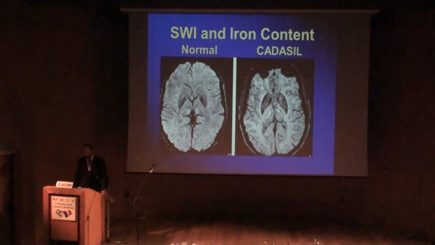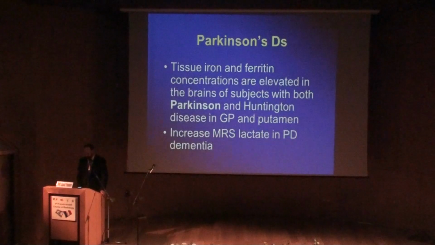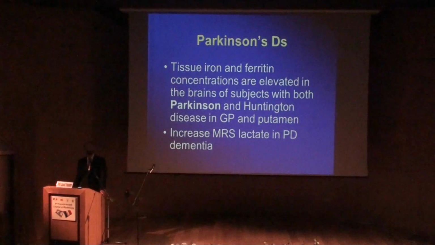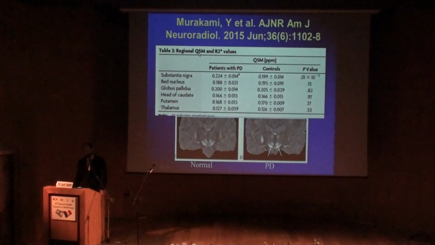CADASIL, also looking at the basal ganglia in CADASIL, showing increased iron in those patients with cerebral autosomal dominant arteriopathy with subcortical infarcts and leukoencephalopathy. Parkinson's disease. Let's look at the substantia nigra of patients with Parkinson's using QSM for iron content. The substantia nigra, patients with Parkinson's disease versus controls, as you can see, a very strong p-value.